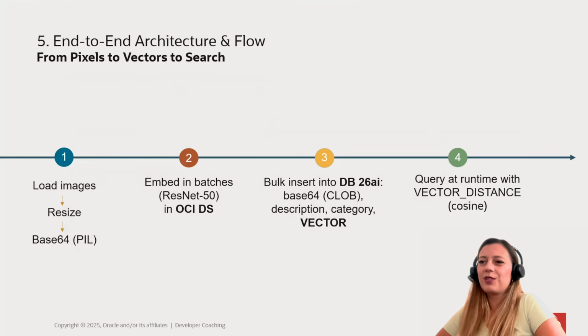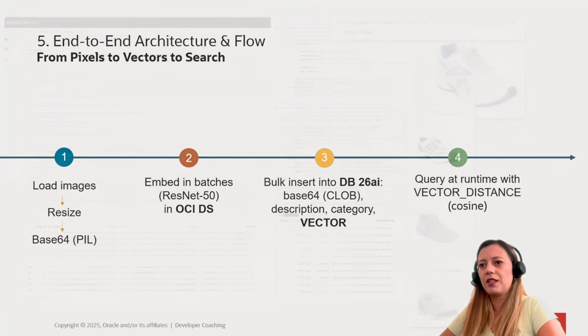But the beauty of this database is that we can store the vectors alongside other data types, because we also need descriptions of the products, categories, price, and so on and so forth, information that will help in our application. Then once we have the data in the database, we query it at runtime using functions like vector distance and get the top results from our database.